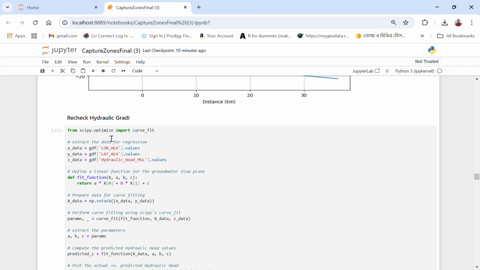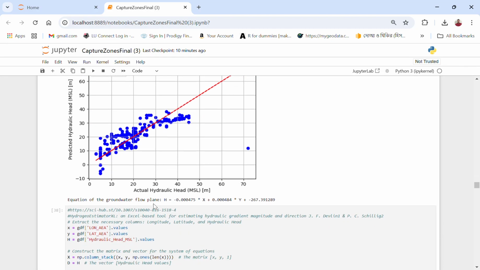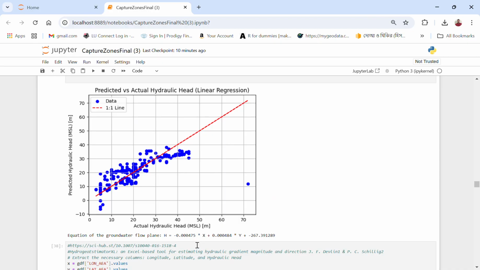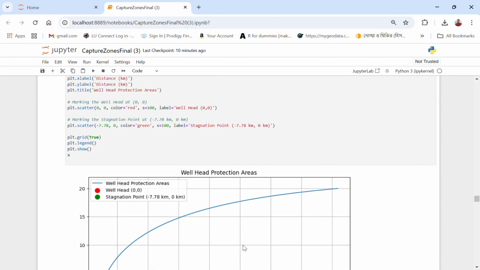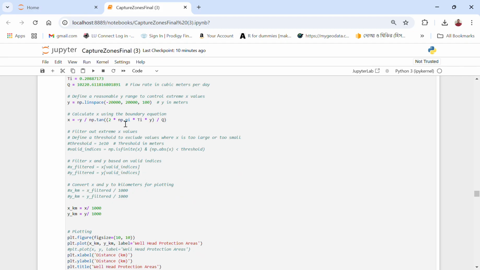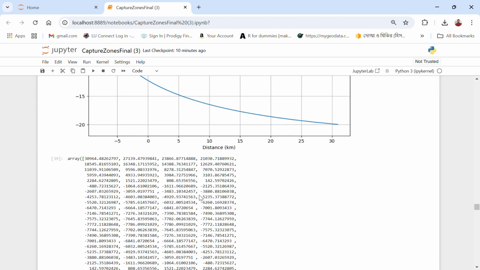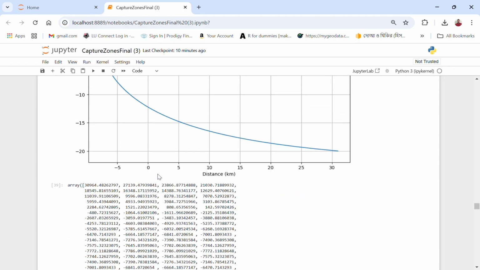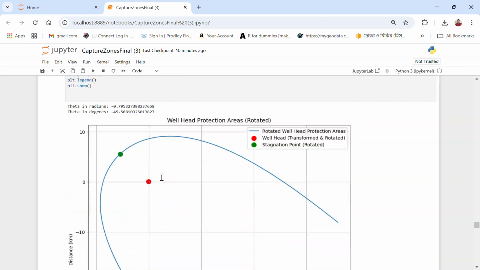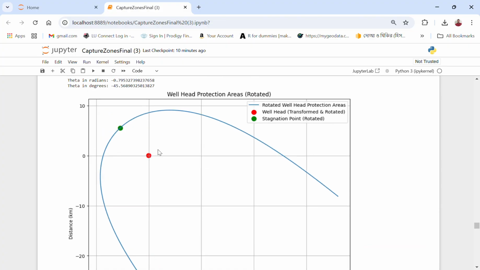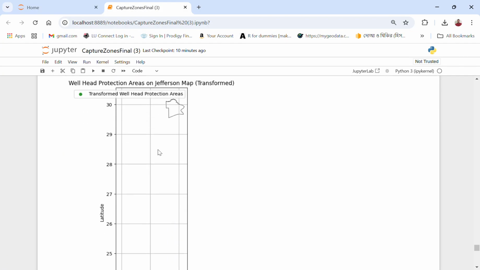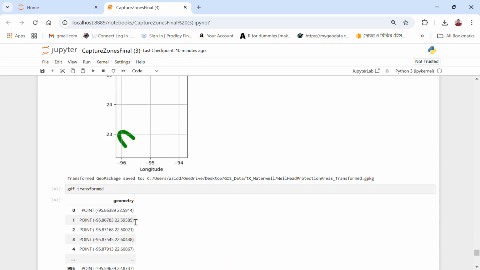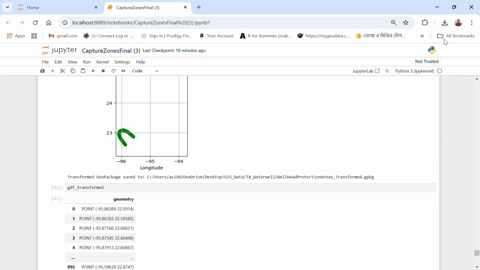I double checked that my gradient is okay, and I found the same, and the coefficient is okay. But then I again calculated with a y max of 20 kilometer, that is a good curve, and this is the x value created from this boundary equation, and this is the rotation value. I tried to plot this, but it shifted a portion, and that's all.